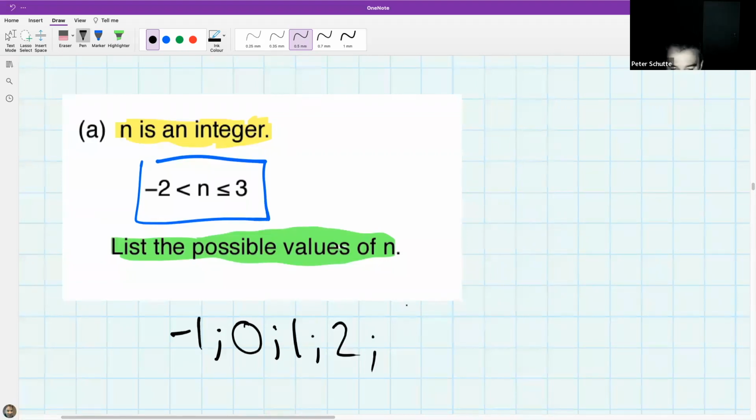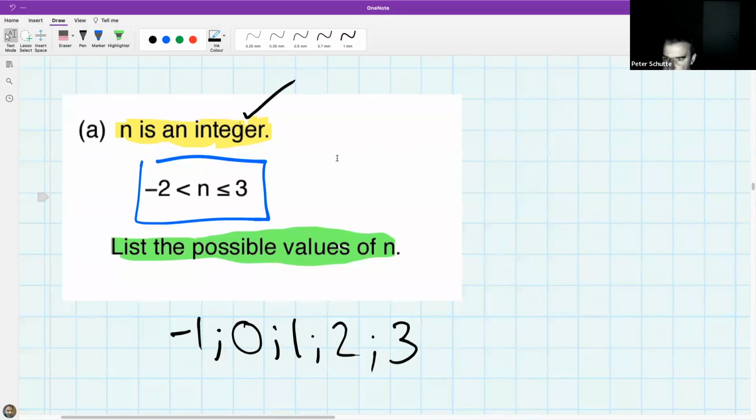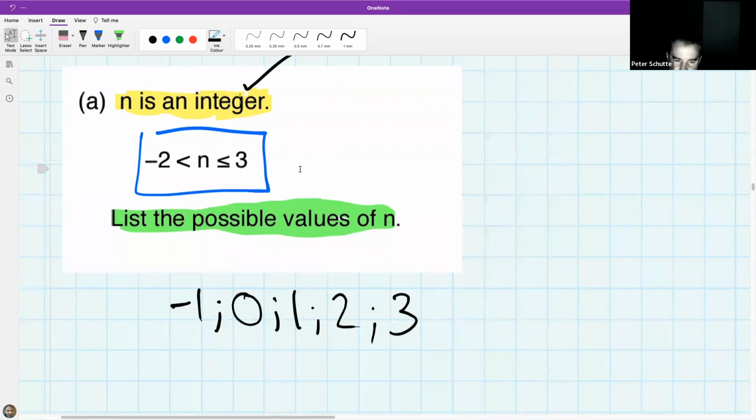And the sneaky one that not everyone will get is the 3, because it said less than or equal to 3. Now, in this situation, we're not including -1.5, because it's only integers, and -1.5 is not an integer, whereas normally we would.